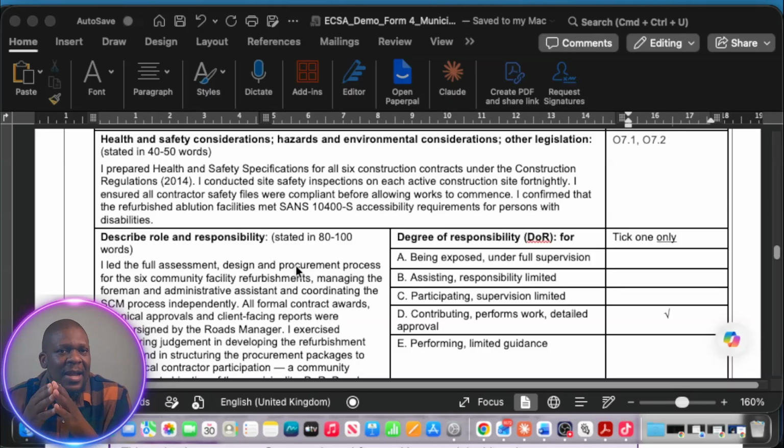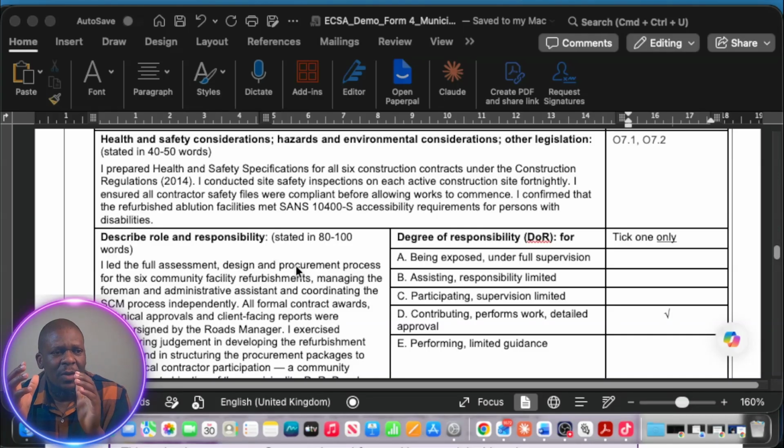I led the full assessment and procurement of the community facility. You manage the foreman, administer the activity, and you ensure that you exercise judgment in terms of developing a refurbishment scope within a procurement package.